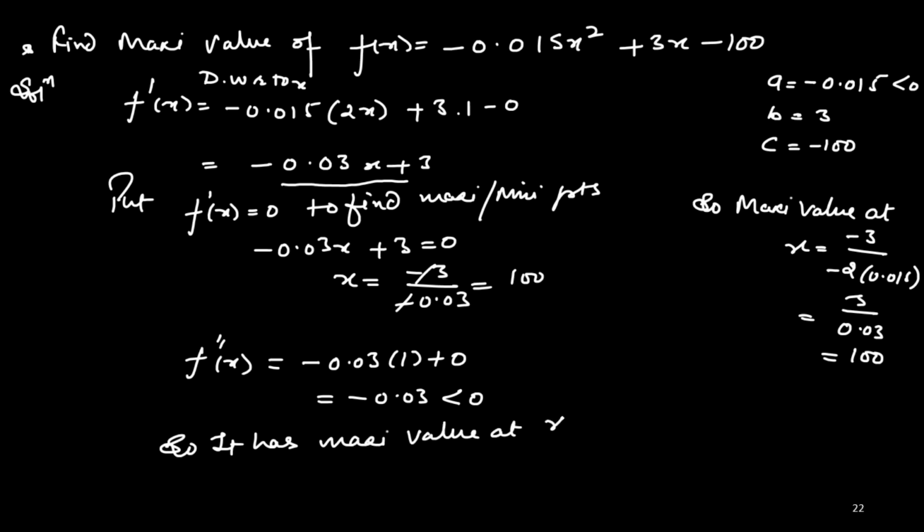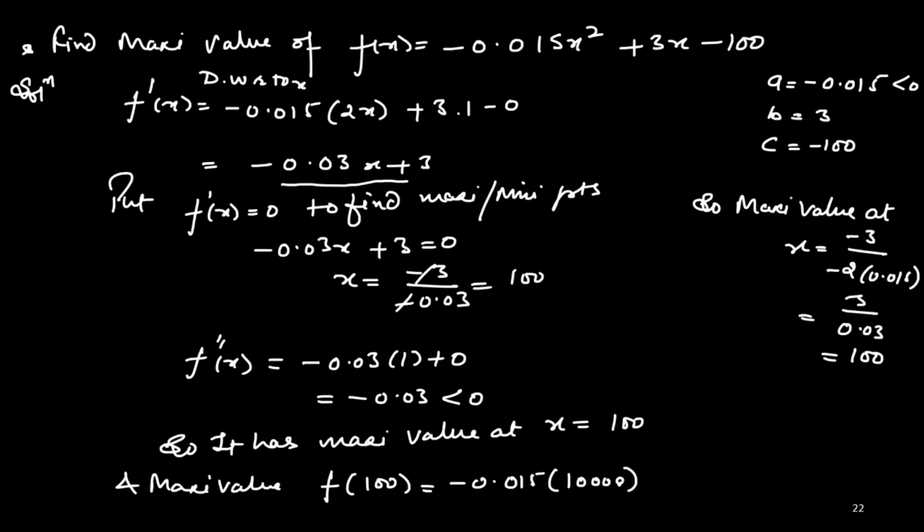at x equals 100. And when you want to find the maximum value, put 100 in the function. So it will be minus 0.015 times 100 square, which is 10,000, plus 3 into 100 minus 100.